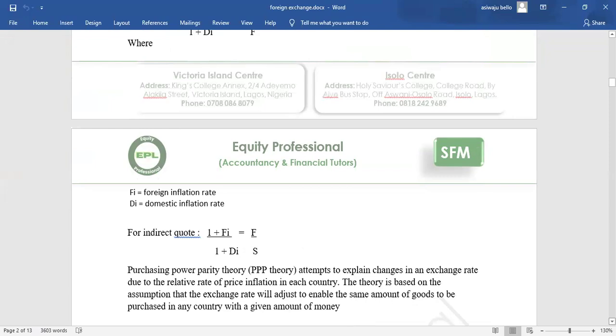In most cases, these two theories can be tested to predict the likely exchange rate between two currencies.